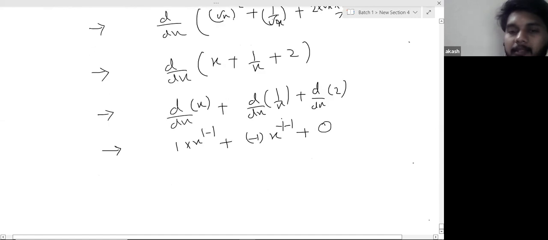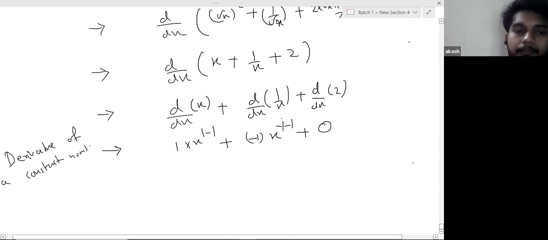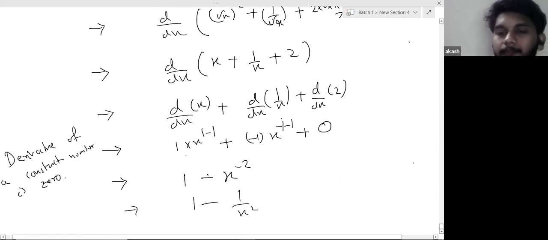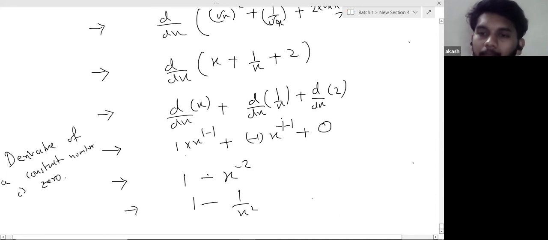Remember this, differentiation of any constant is 0. You can also write the derivative of a constant number is 0. So this is 1 minus x raised to the power minus 2, which is 1 minus 1 upon x square. Clear?